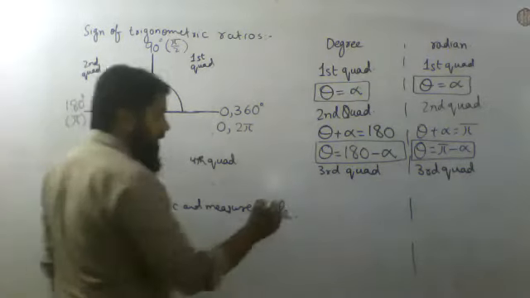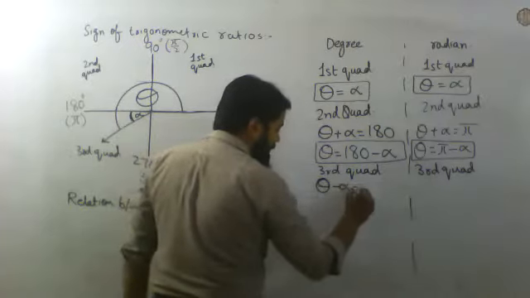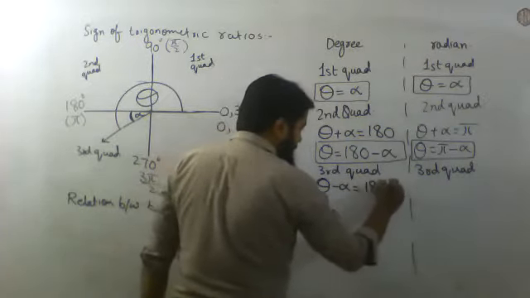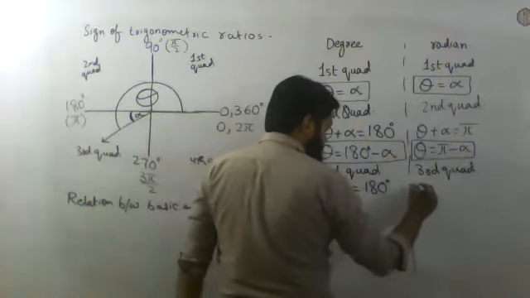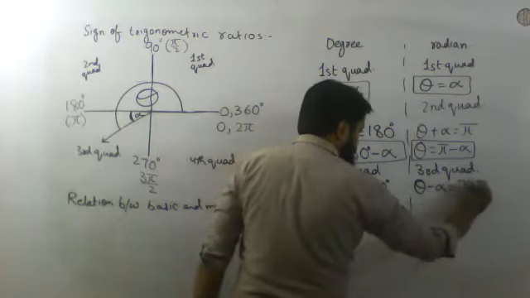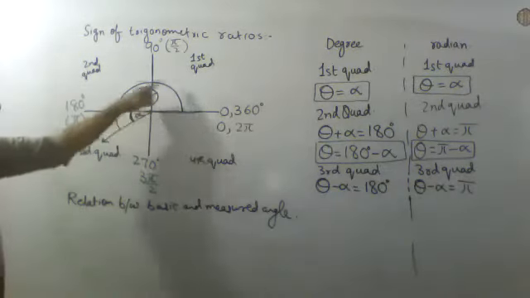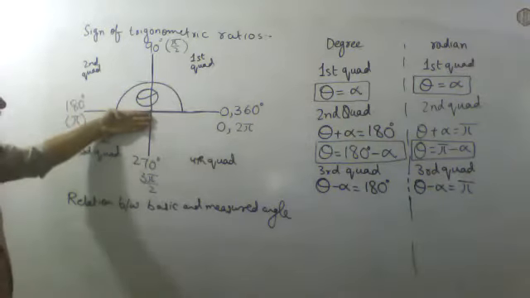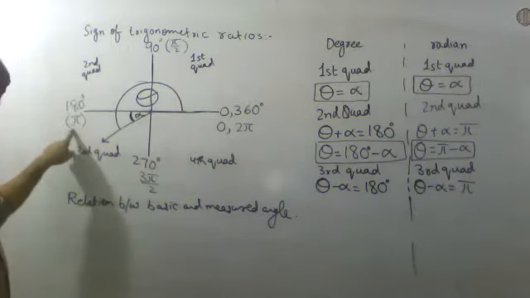So in the third quadrant, I can say theta minus alpha equals to 180 degree. Or theta minus alpha equals to pi. By looking at this, this is whole theta. If I subtract alpha from there, so theta minus alpha is coming equals to 180 degree or it is coming equals to pi.